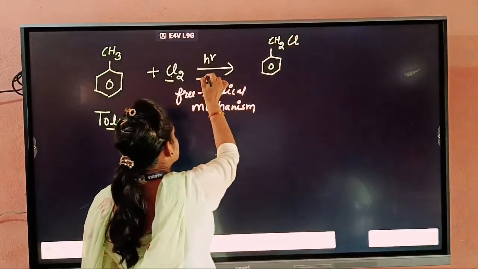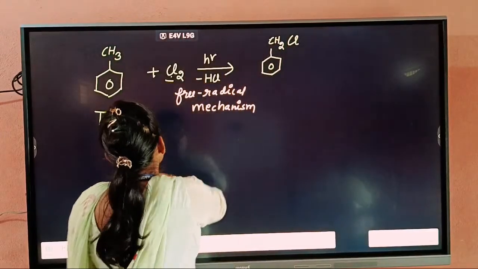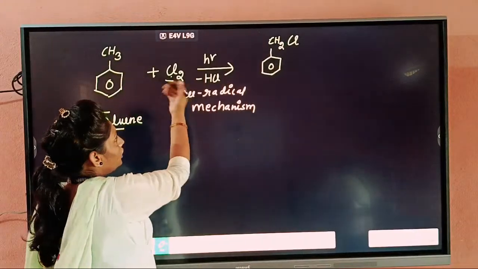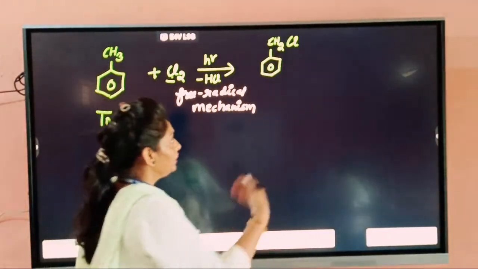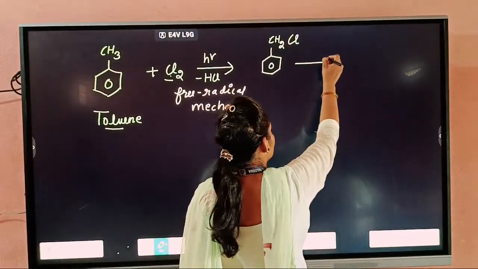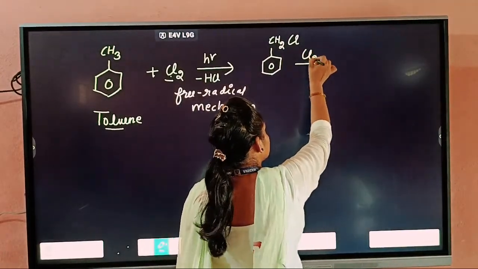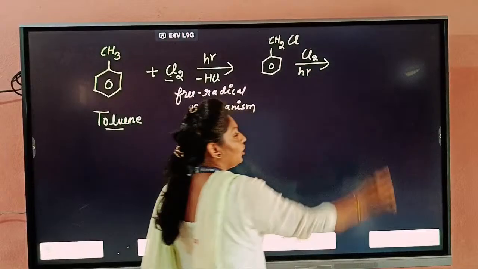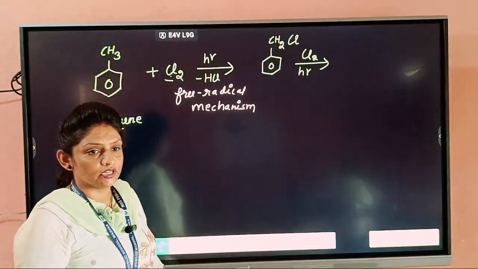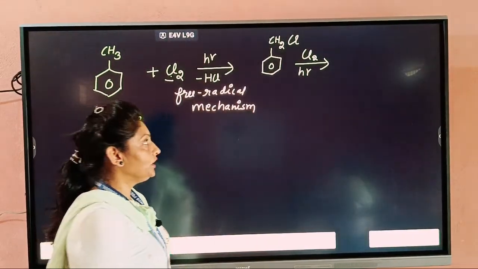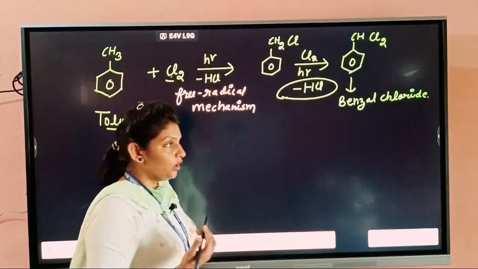Plus removal of HCl takes place, one hydrogen from here and chlorine from here. Then students, you know very well this reaction gives a mixture of products, so further chlorination takes place.